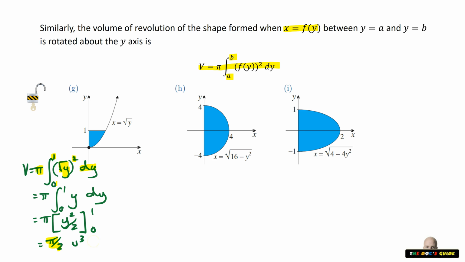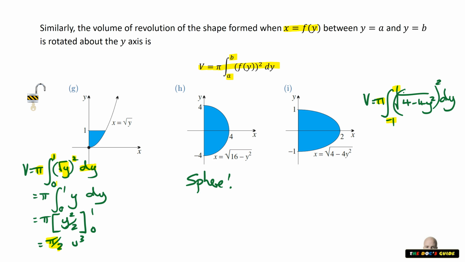For our next example, we can see that we've got a hemisphere which we would be rotating, a semicircle which will give us a sphere when we rotate it, so we could use our volume of a sphere formula. For the one after that, with this particular curve, we're going to be rotating something unusual around the y-axis. So our volume is pi times the integral from -1 to 1.